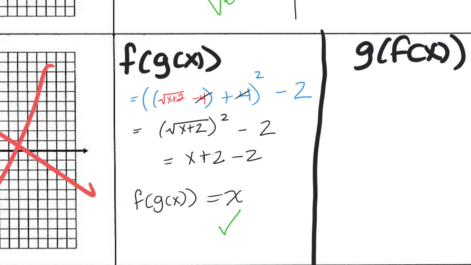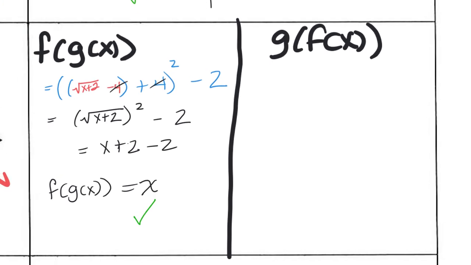The opposite composition must also be true in order to verify. So start with the g function, and that is the square root of x plus 2, minus 4. So when we looked at the original, it was x plus 4 squared minus 2.